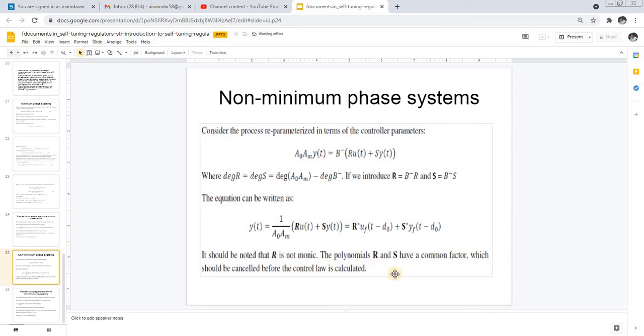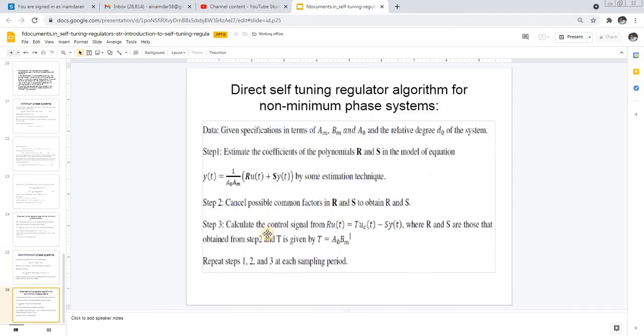In step 2, we have to cancel all possible common factors in R and S to obtain R-bar and S-bar, because R should not be monic, and the polynomials may have a common factor which we cancel before we calculate the control law.